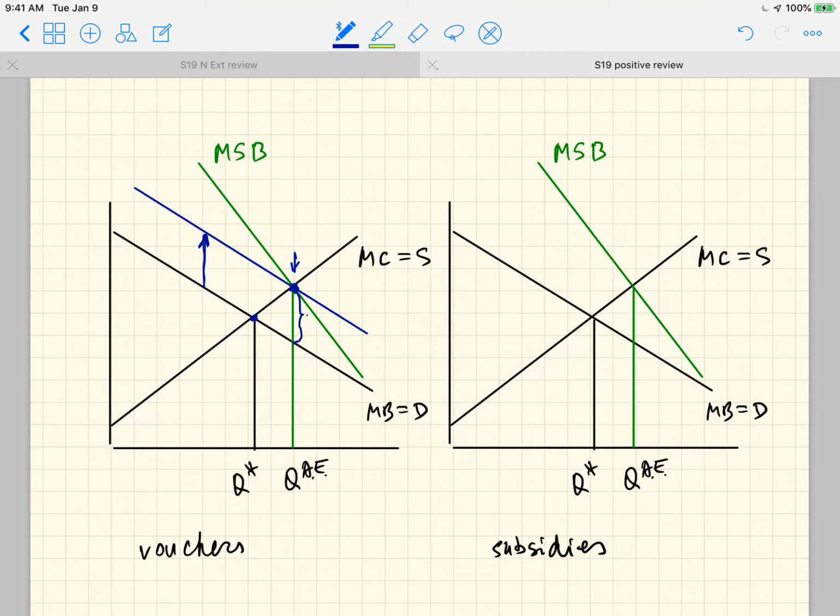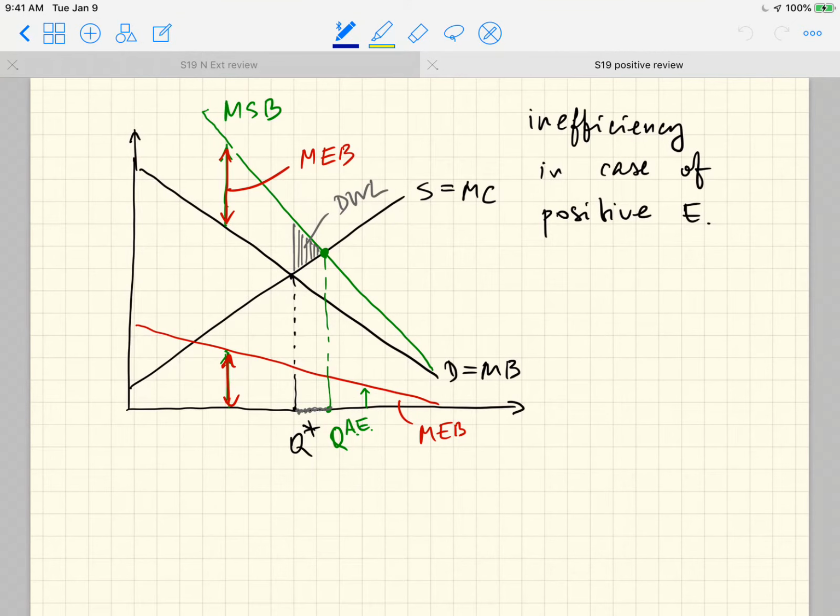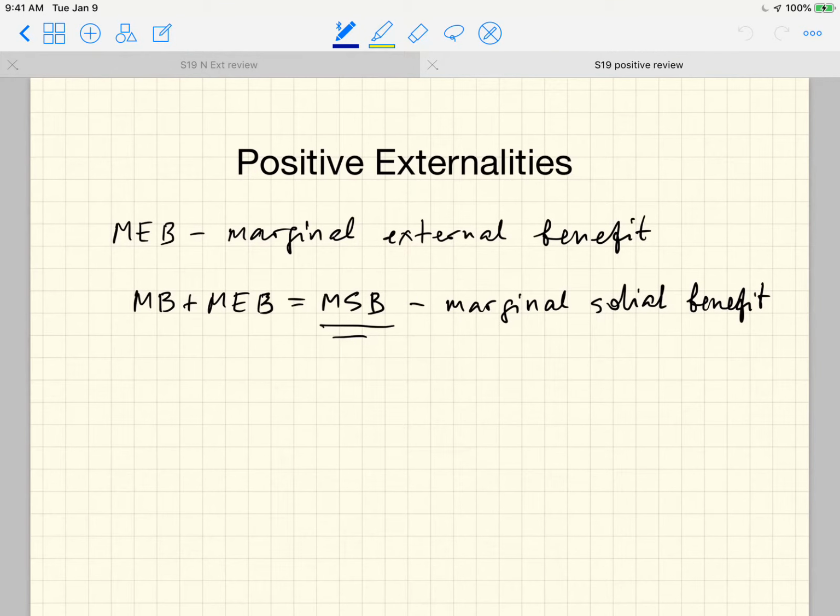And what is this distance? It's marginal external benefit at the point of allocative efficiency, measured as a distance between MSB and MB. So MEB is MSB minus MB. I just rearranged the formula we saw earlier. This formula.